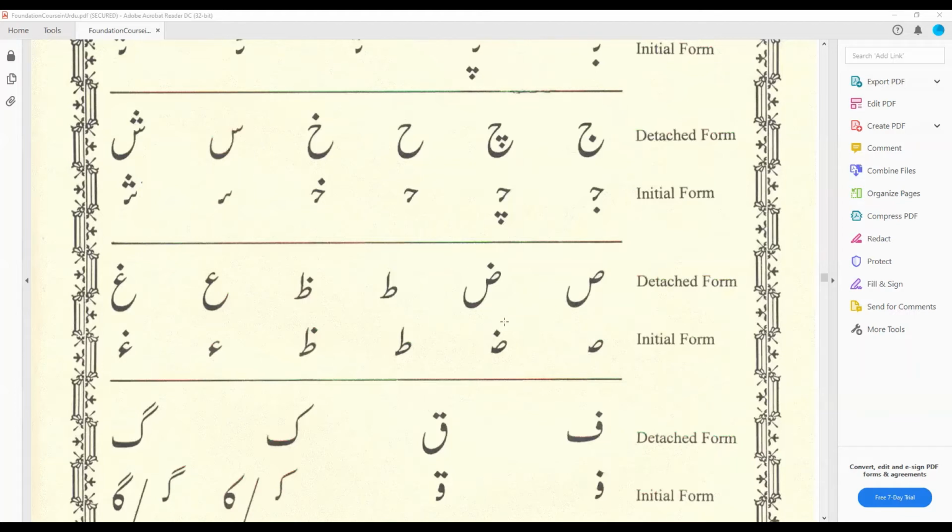Zwad, initial form Zwad. Toy, we are not going to change the toy form, we will write the same thing. Zoy, we are going to write the same thing. Ain, we are just going to use the head, not body. Ghain, only head, not body. Fe, only head, not body. Qaf, only head, not body.